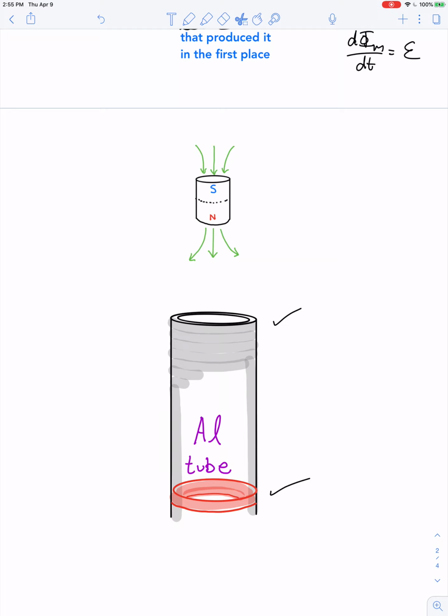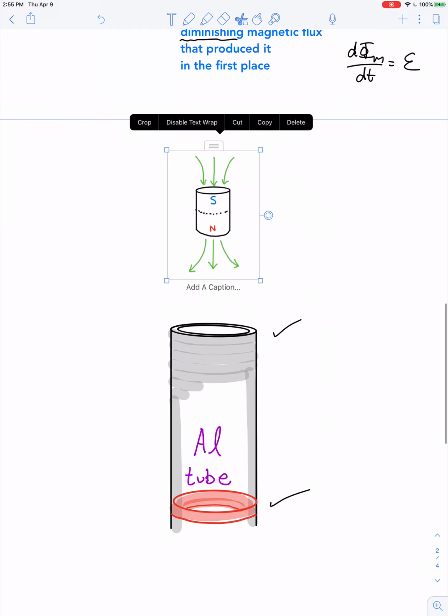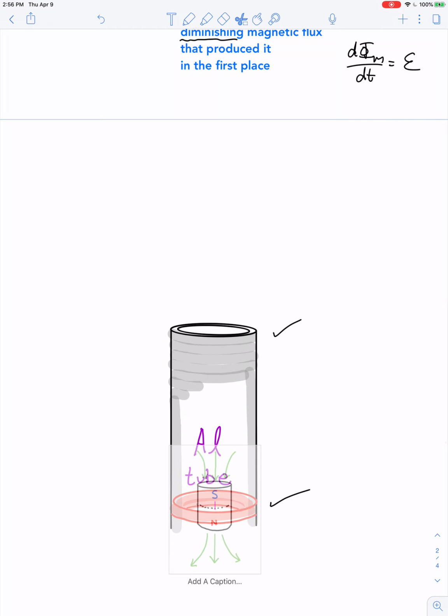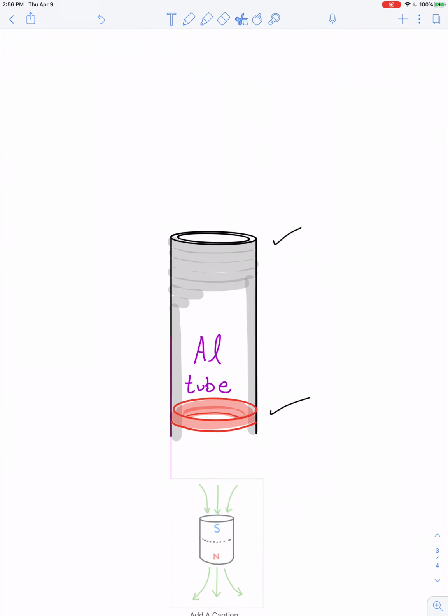And then the magnet continues on. And as it falls away, at this point, there is some amount of flux, and it's as if the ring finally relents and gives up and says, okay, I understand the way this is going. There's some downward flux, and it kind of gets used to the amount of downward flux. And now as the magnet continues to fall, that downward flux that had built up starts to go away, and the ring decides, wait a minute, maybe I want to continue to have that downward amount of flux.